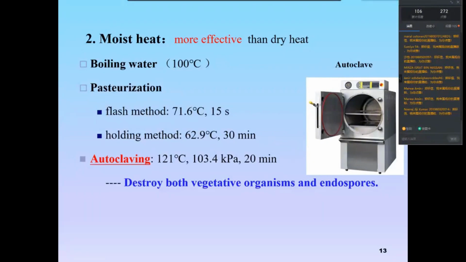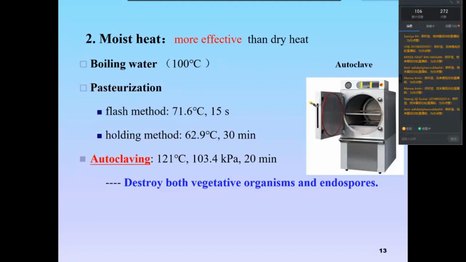The machine will increase the temperature and pressure in the chamber. Finally, the temperature can rise to 121 degrees. That's 21 degrees higher than boiling water. And you keep the stuff in it for 20 or 30 minutes. That will kill all forms of life, including the vegetative organisms and endospores.